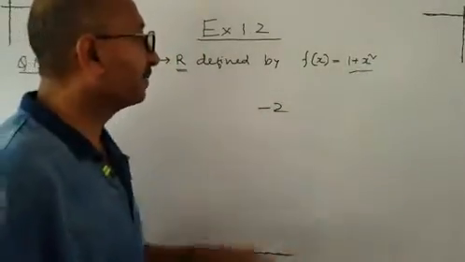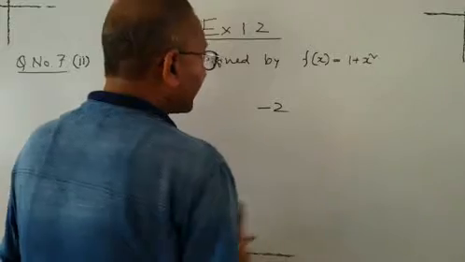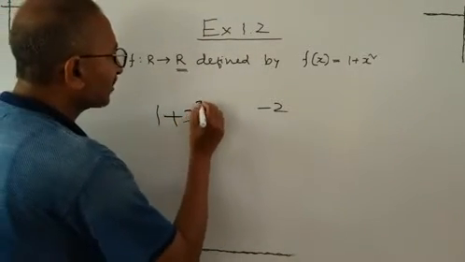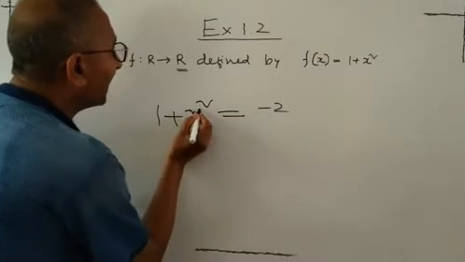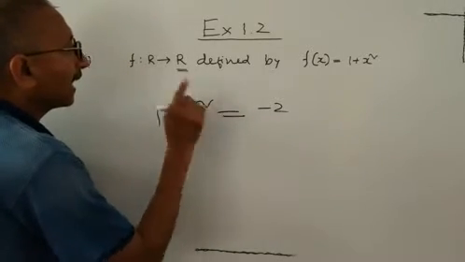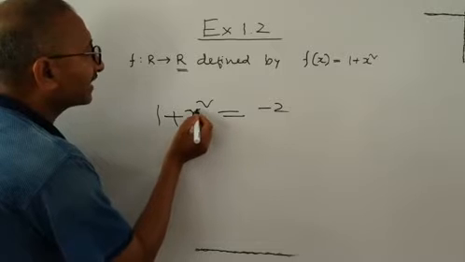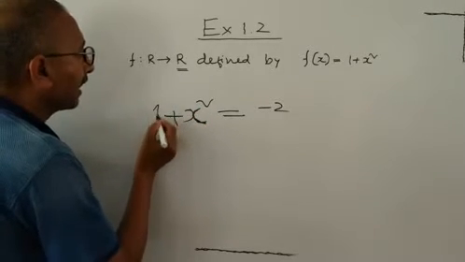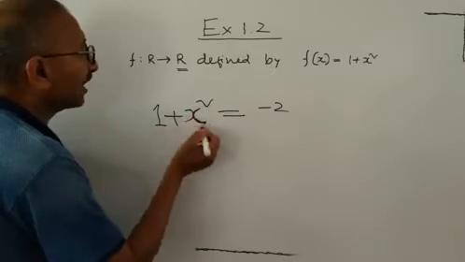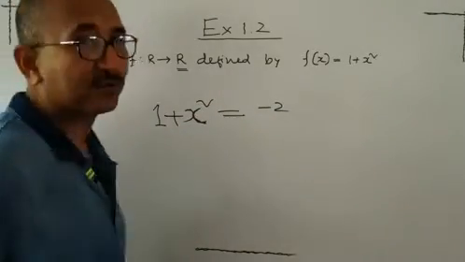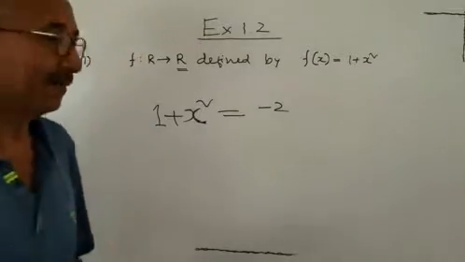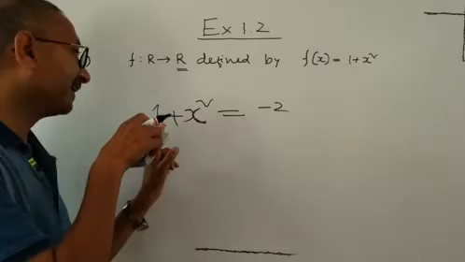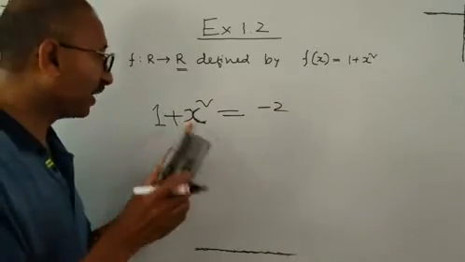Now you give me a real number, square it, and adding 1 to the square of that real number must be equal to minus 2.